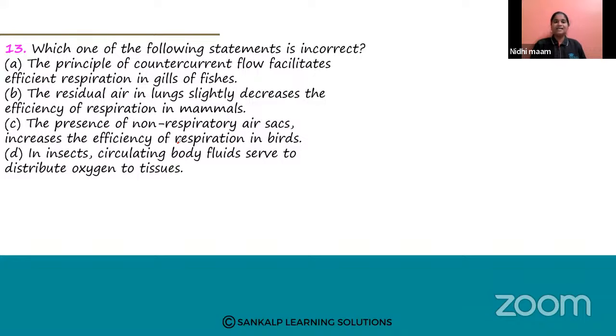In insects, circulating body fluids serve to distribute oxygen to tissues. So which of the following statements is incorrect? Any answer?